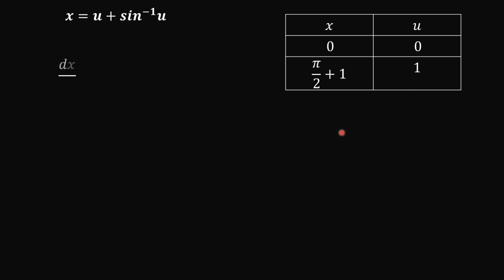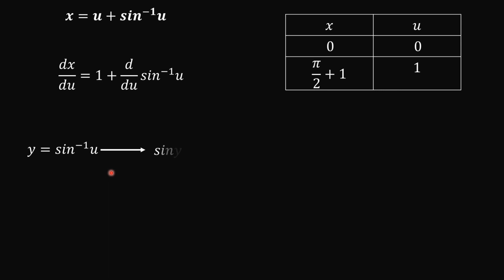So when we now differentiate, dx du is 1 plus the derivative with respect to u of arcsine of u. To differentiate arcsine of u, we suppose that y is equal to arcsine of u, and therefore sine of y is equal to u, and so cosine y dy du is equal to 1.